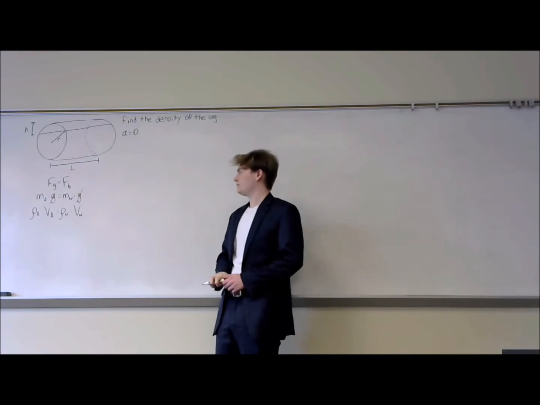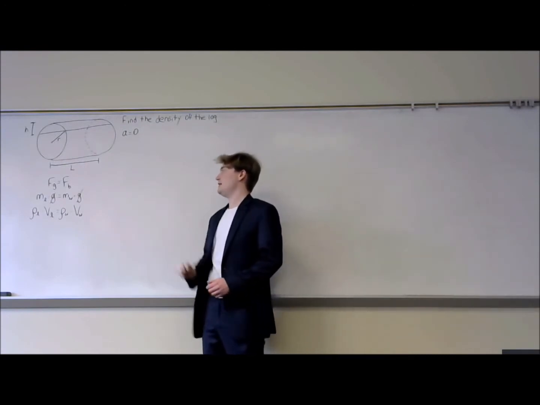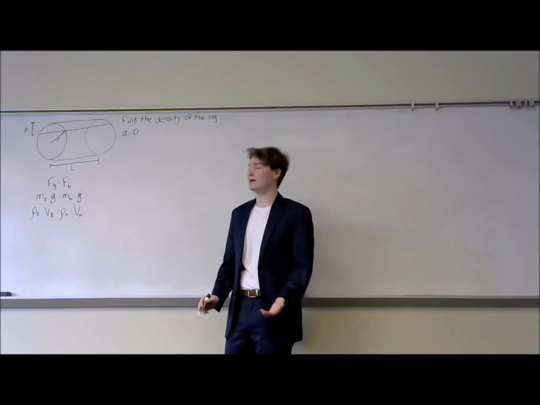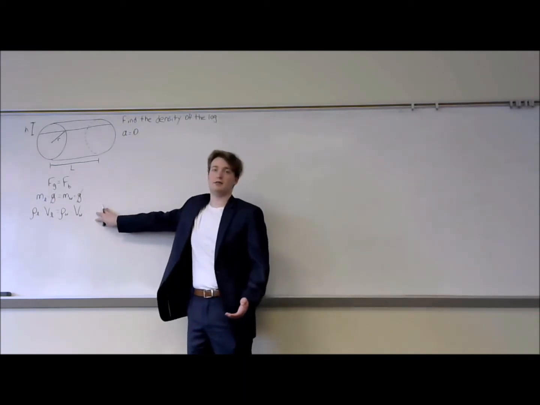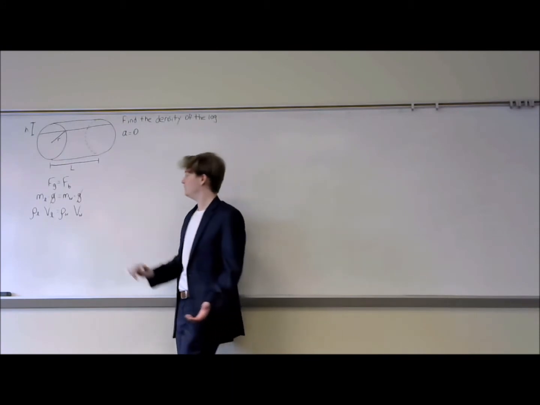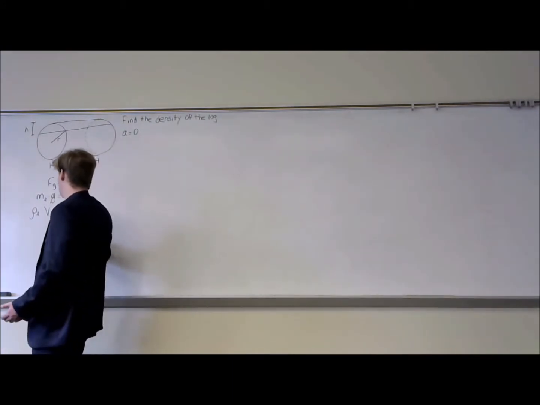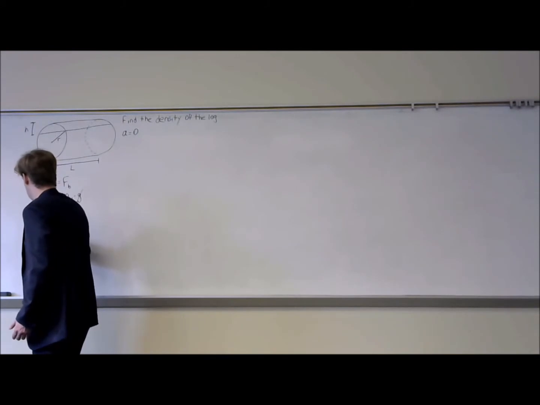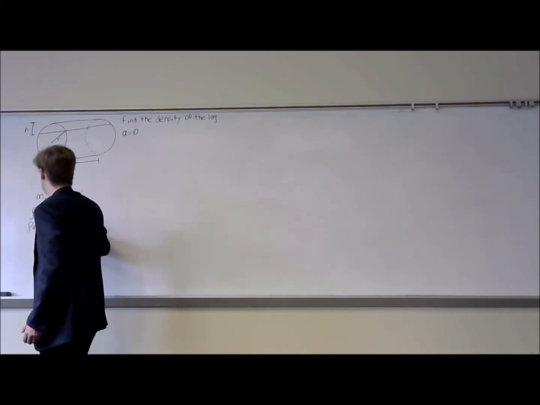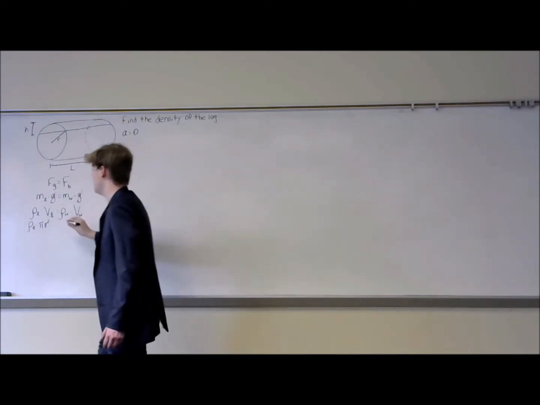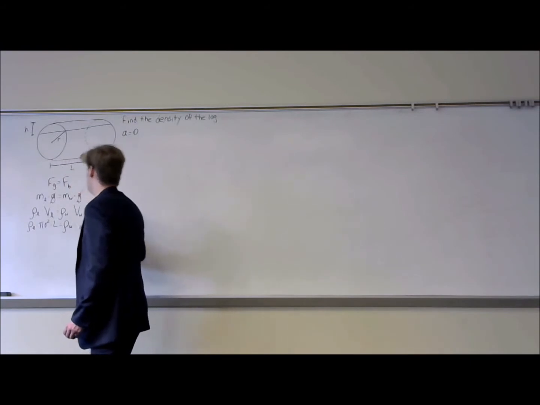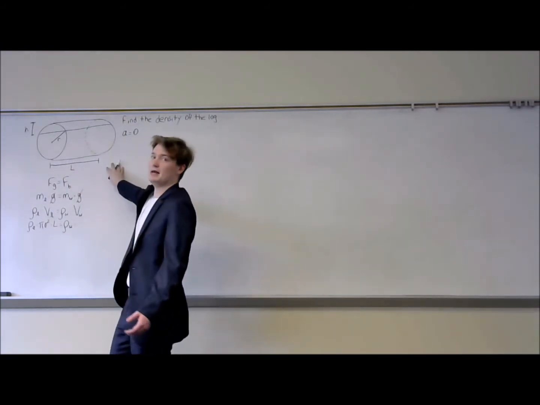Now we can solve pretty easily for the volume of the log. Because it's a cylinder, we have an equation for that. But the volume of the water that was displaced isn't as easy, and that's going to be the majority of this question. So solving for this volume of the log, we have rho_L times pi r squared times the length, or in this case, big L, equals rho of the water times the volume of the water which is displaced.